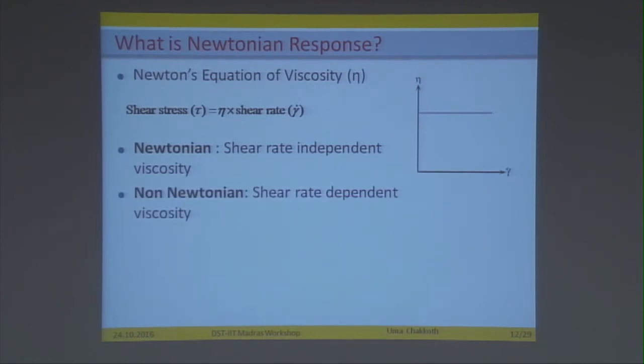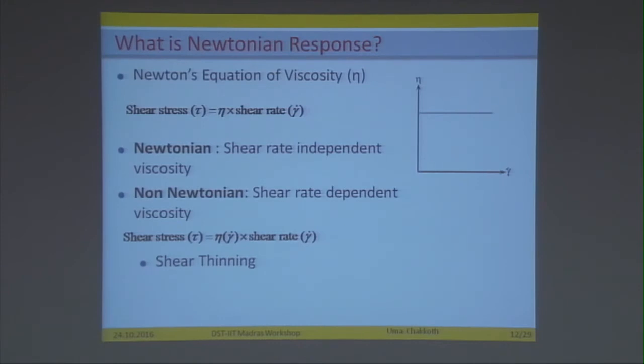However, non-Newtonian behavior exhibits a shear rate dependent viscosity, wherein the viscosity can increase with increasing shear rate and it can also decrease with increasing shear rate. So essentially you can see that the equation has been modified to introduce the shear rate dependency in the viscosity term.